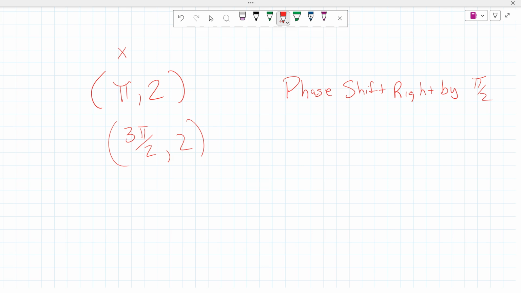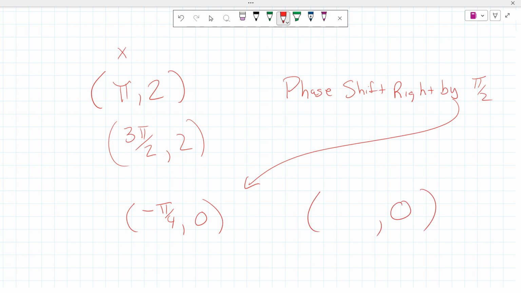Okay. What if we're at (negative pi over 4, 0), and we have a phase shift right by pi over 2? Where's my new point going to be? Well, the y value is still going to be 0, but what's the x value going to be?